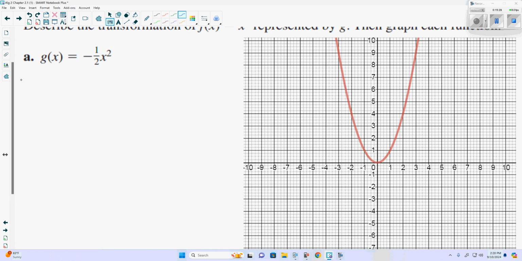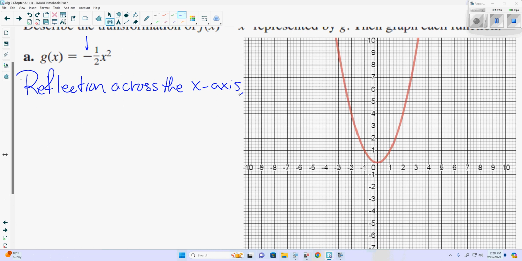These are outside. Since this negative is outside parentheses, we're talking about a reflection across the x-axis. The negative is specifically a reflection across the x. That's all the negative is telling us.